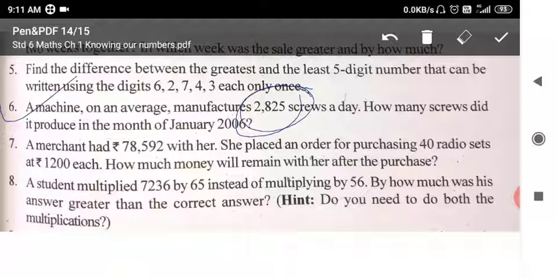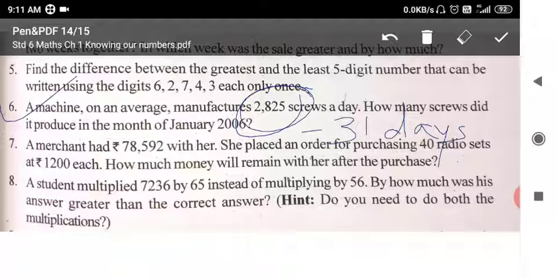Now you all know in a January month total 31 days are there. It means we have to multiply 2825 by 31. So we'll get the number of screws it produced in the month of January 2006.